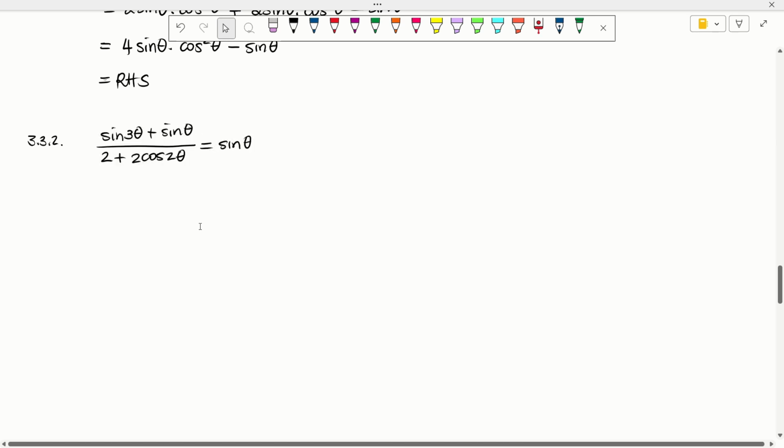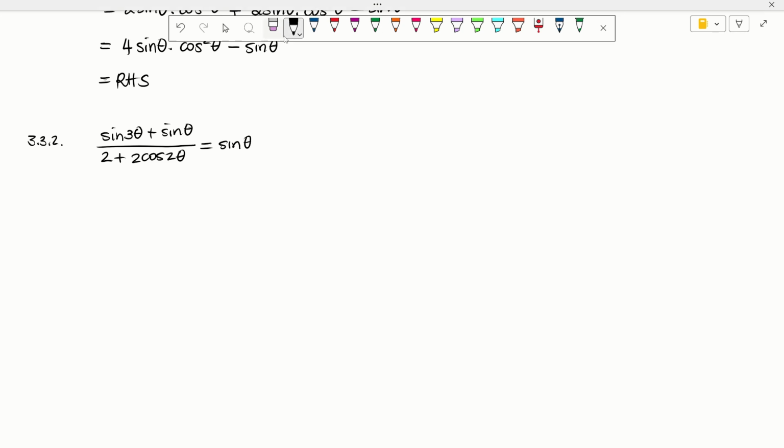Okay, immediately when I look at this, guys, I see that on the left hand side I have sine 3 theta, and I already proved that to be something else. So I'm going to attack that first.